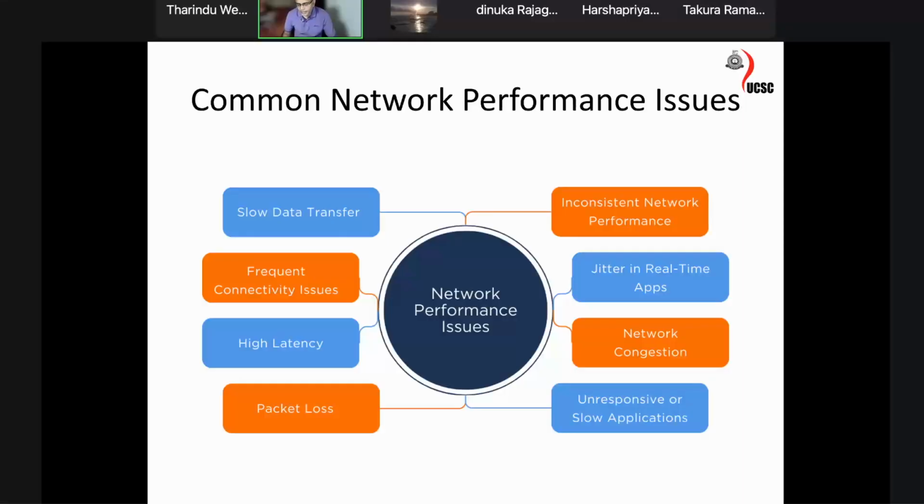Sometimes some applications are quite affected by packet losses. For example, if you have a file transfer application, you need to transfer every bit from source to the destination. You can't lose packets, otherwise you need to retransmit. So it is important to reduce the packet losses for certain applications.